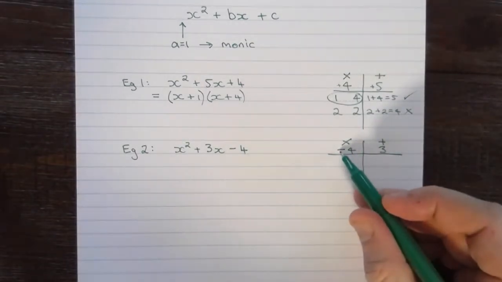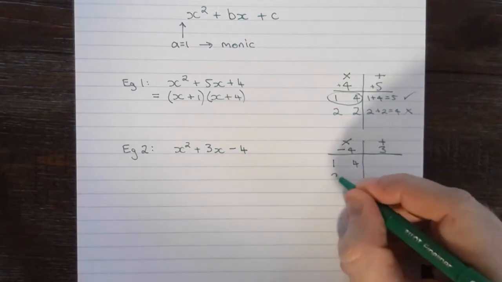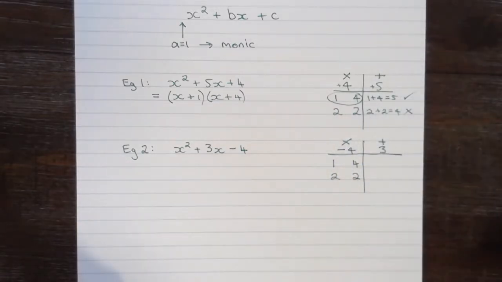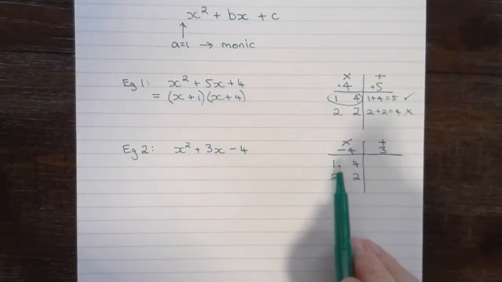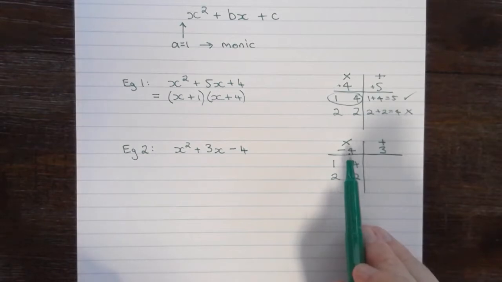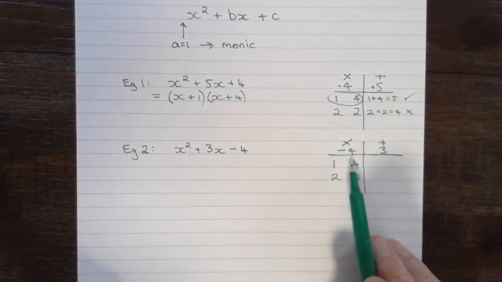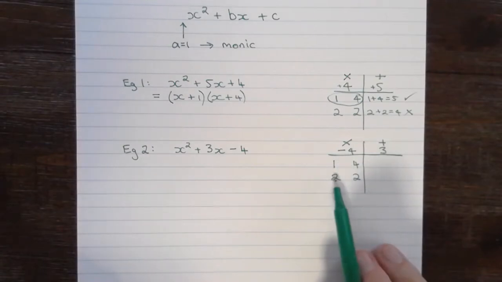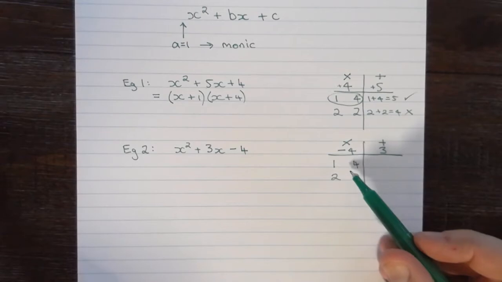So ignoring the minus for a moment, if this was just 4, again we would have factor pairs of 1 and 4 and 2 and 2. But of course, in order to multiply these together and get a negative value as the result, one of them needs to be a negative, either minus 1 or minus 4. And in this case, it doesn't really matter because they're the same number. But the issue is, which one do we pick to be the negative?